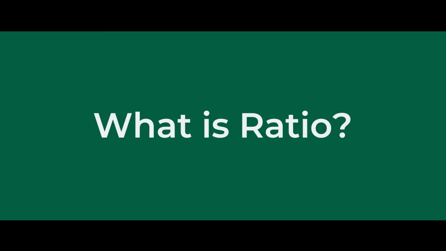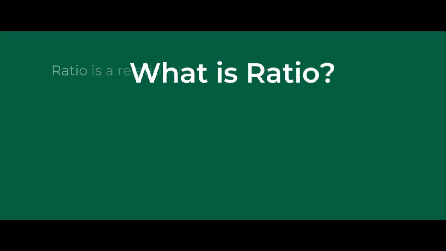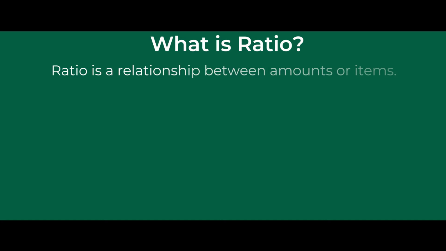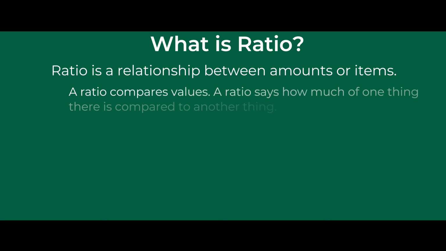What is ratio? Ratio is a relationship between amounts or items. We can also say a ratio compares values. A ratio says how much of one thing there is compared to another thing.